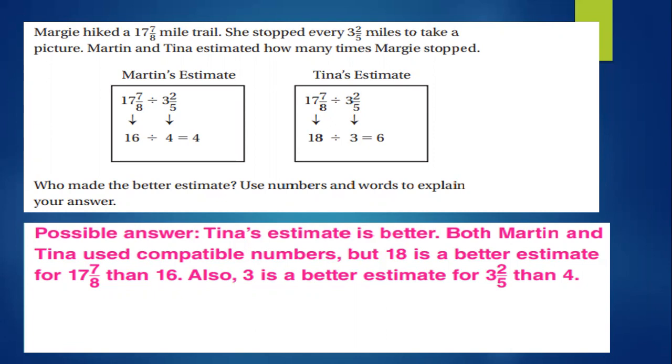Both Martin and Tina use compatible numbers, but 18 is a better estimate for 17 than 16. Also, 3 is a better estimate for 3 2/5 than 4. So this is what you have to write. You have to write whose estimate is better, and you have to explain why it is better. So please go through these questions again.